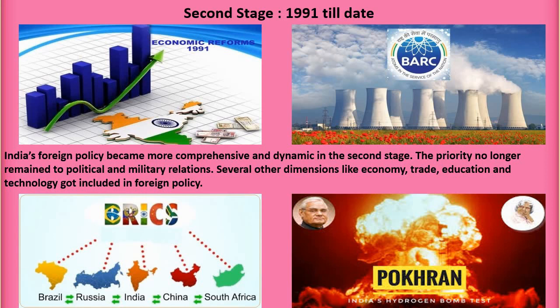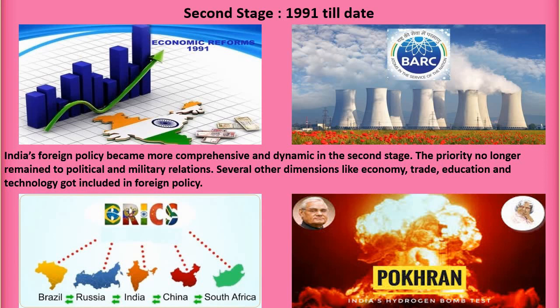After 1991, India reduced the government's control over the economy and adopted the free market policy. There was an increase in trade with neighboring countries. Our share in the world trade also increased, and so did the rate of our economic growth.